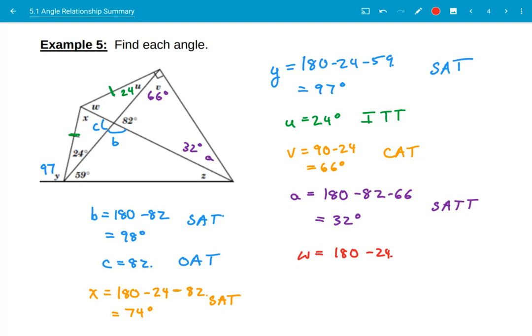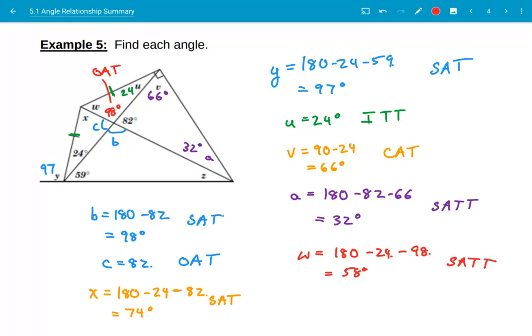Oh, this is also 98 degrees. I could do supplementary angle or OAT. So to get W, minus 98, 68 degrees. Whoops, I don't think that's quite right. 58 degrees. Okay, sum of the angles of a triangle theorem.